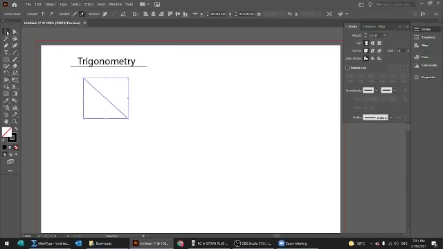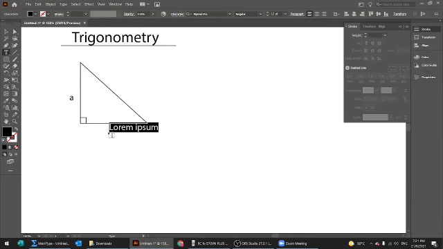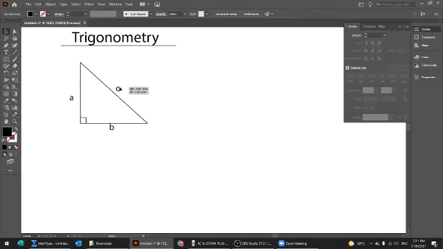If you want to find the length of a side, given A and B, say you want to find C, what method do you use?